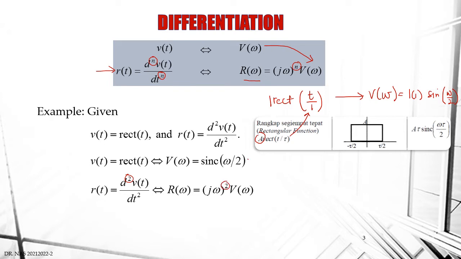It is sinc(ω/2). So replace your V(ω) into the R(ω) equation and then simplify your final equation. In this case, j squared equal to minus 1, so that's why you get negative here.